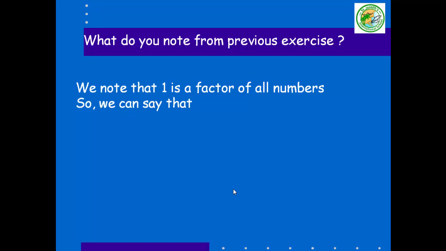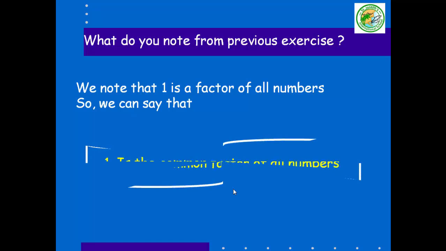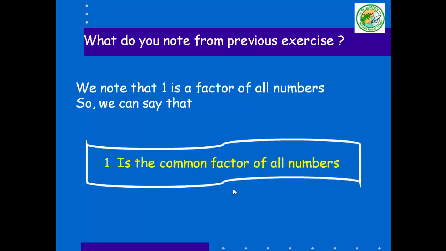We can find all numbers in the 1 time table. So 1 is considered a factor of all numbers. So we can say that 1 is the common factor of all numbers. For an incomplete question like this, dot is the common factor of all numbers, the answer will be 1.